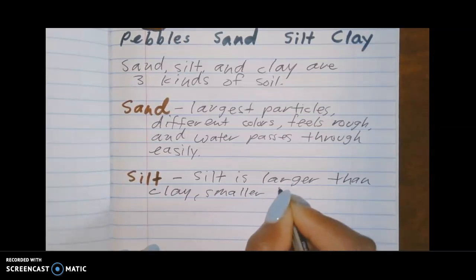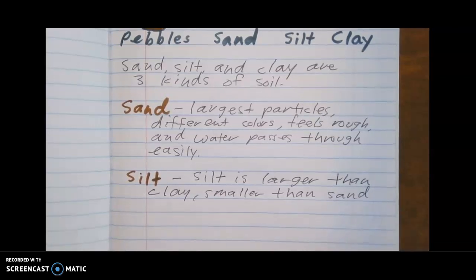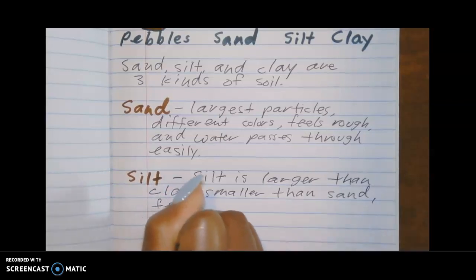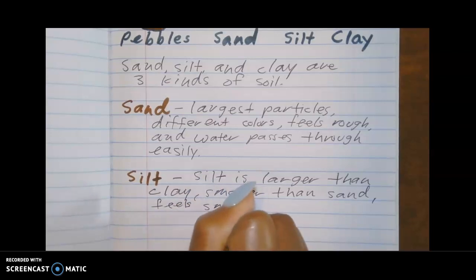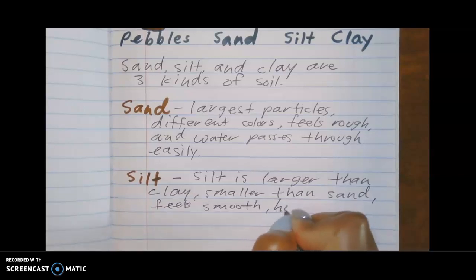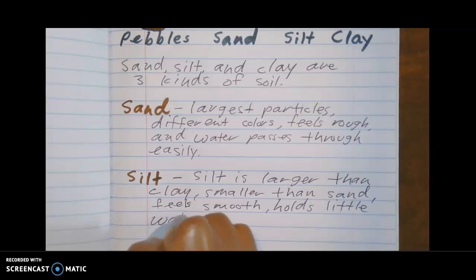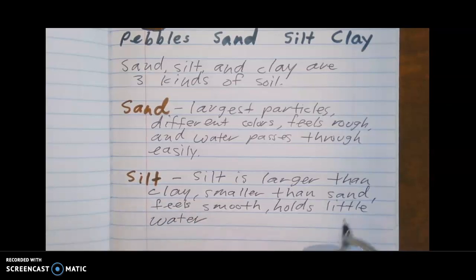Smaller than sand. Feels smooth. Holds little water. And rivers carry it.